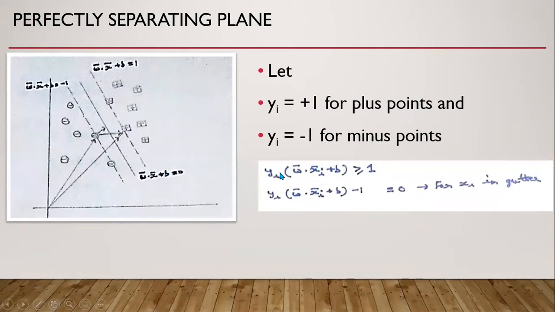So if yi multiplied by this is more than or equal to 1 for perfect separation, then yi multiplied by the dot product of these vectors plus b minus 1 is 0 for points which are in the gutter or in this street.